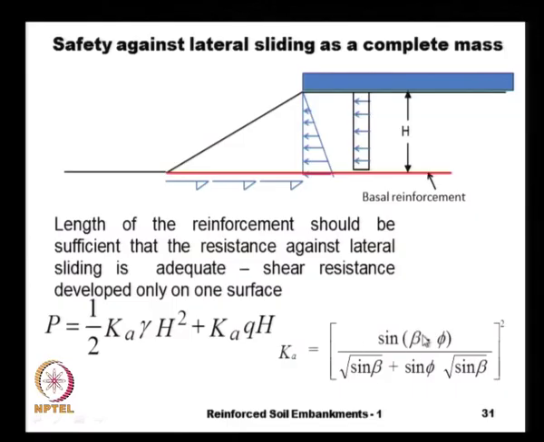And if you substitute a beta of 90 degrees, corresponding to a vertical retaining wall, this comes to 1 minus sine phi by 1 plus sine phi, and invariably when beta is less than 90 degrees, this Ka is much less than what we had earlier.